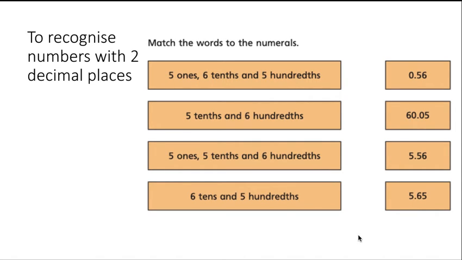Draw a neat line. Pause the video for a moment to complete this activity. There is another activity after this. Well done. Should have matched up each of those sentences to the numbers they represent.